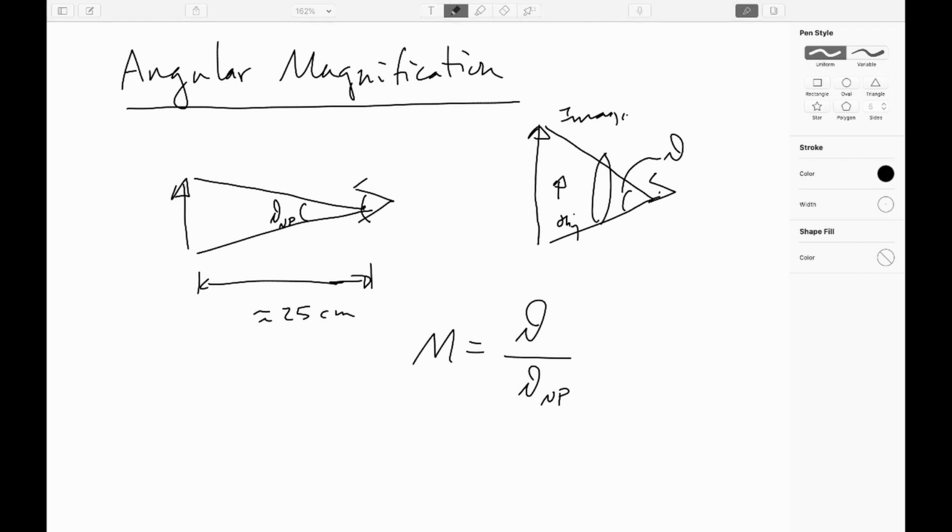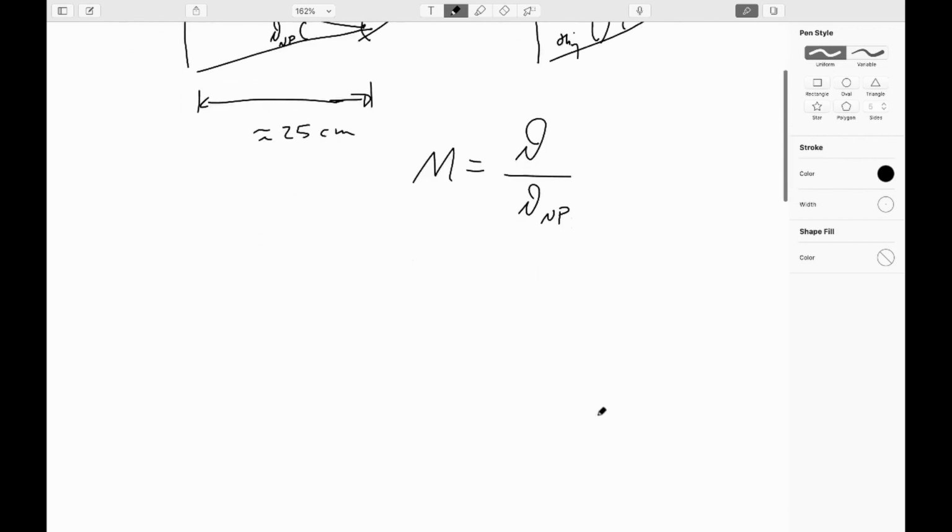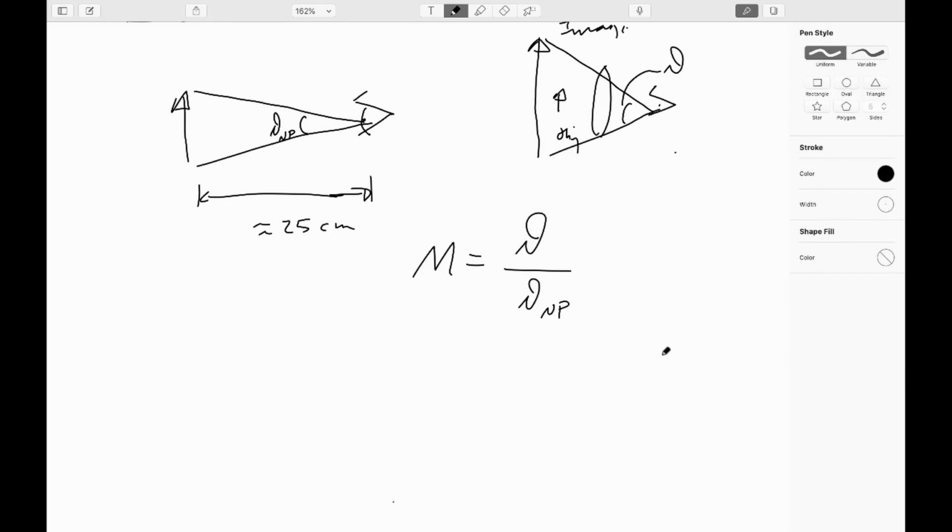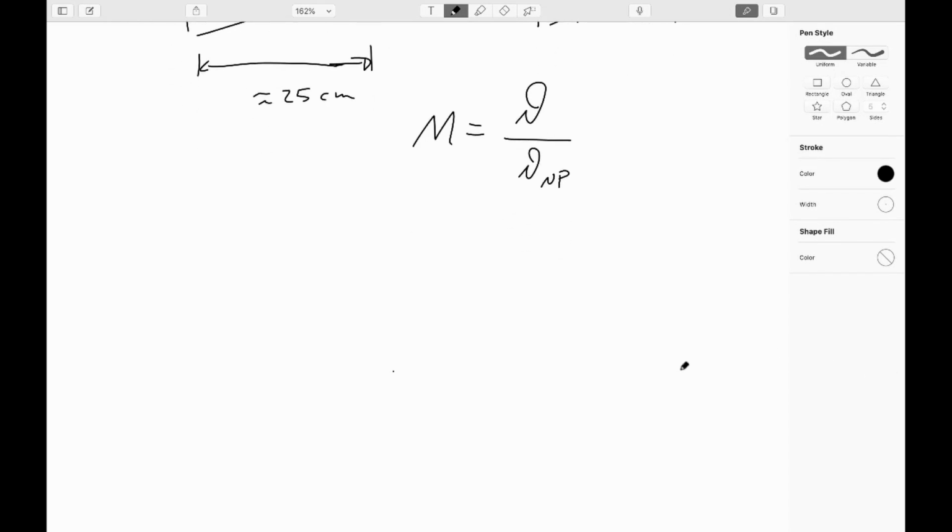So with a simple magnifier, like Sherlock Holmes's magnifying glass, if we go and stick a lens in the way, what you'll do, as we've learned from looking at case 3 situations, is you'll want a converging lens, and you'll want to stick the object just inside the focal point.